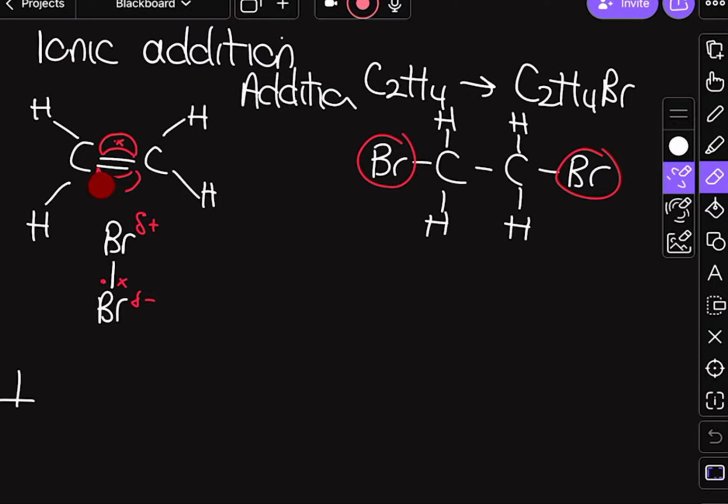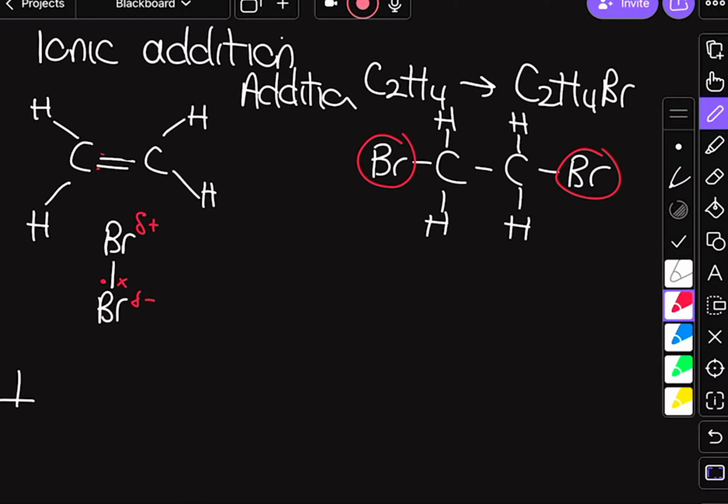So I'm just going to erase here and erase here. So because those pi bonds have polarized the electrons in the double bond, one pair of them are going for this bromine, and the electrons that are shared between the bromines are going to go on to the delta negative bromine.